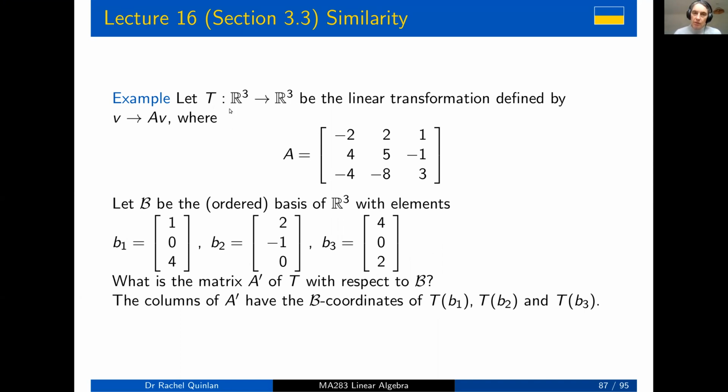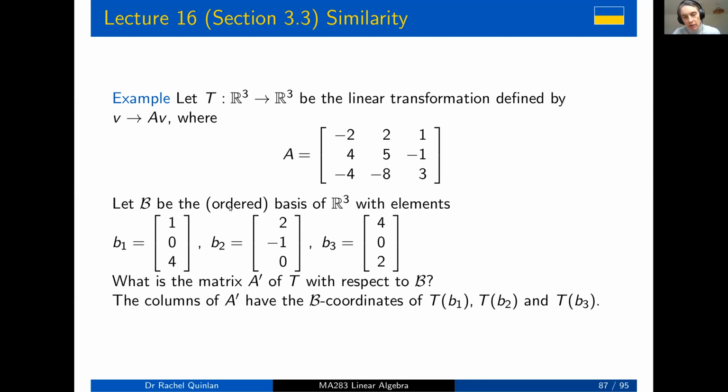So it's not the same as the matrix with respect to the standard basis. Also, this matrix A' of T with respect to B will have the property that if we have any vector written in its B coordinates as a column, then multiplying on the left by A' should give us the B coordinates, not the standard coordinates, of the image of that vector under T.